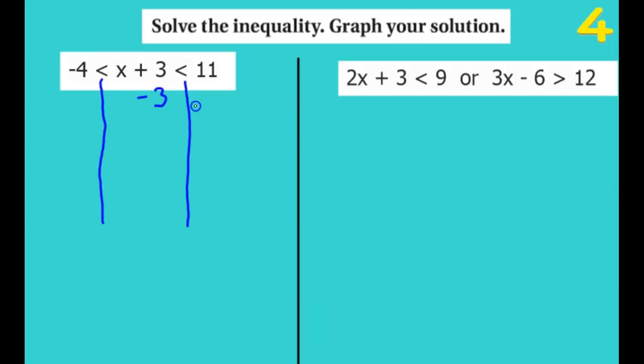Now because we have numbers on both sides of our inequality, we need to do this to both sides. So -3 here, and -3 here. So now those cancel. What we're left with in the middle is x. -4 minus 3 is -7. 11 minus 3 is 8.